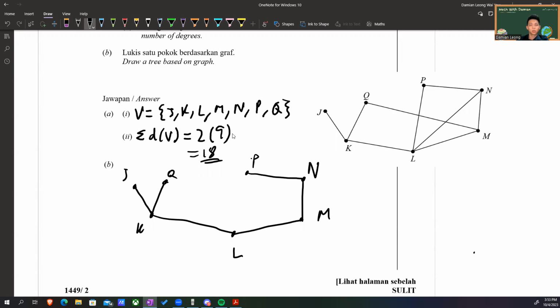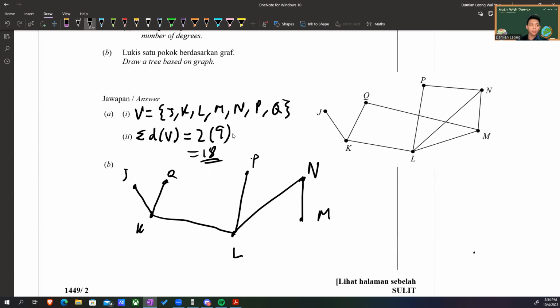If I don't want to go L here, I can go L to N. Or if I don't go L to N, I can go P to L. And if I don't want P to N here, I can go N to L like this.